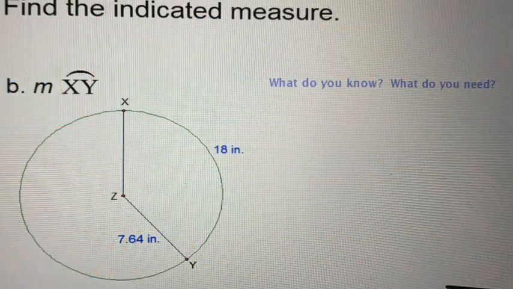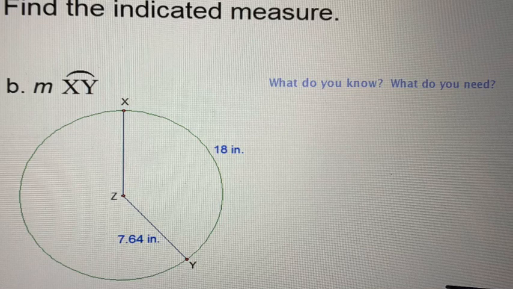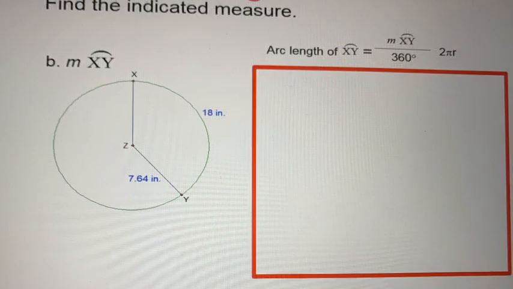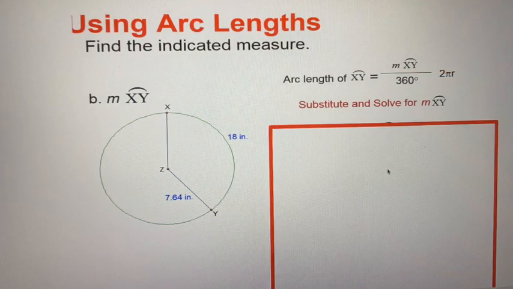All right, so now we know how to find the central angle and the degree from that. We know how to find the arc length. But what if we're given the arc length and the radius? What do we do to find the measure of the arc? Well, we're going to substitute.